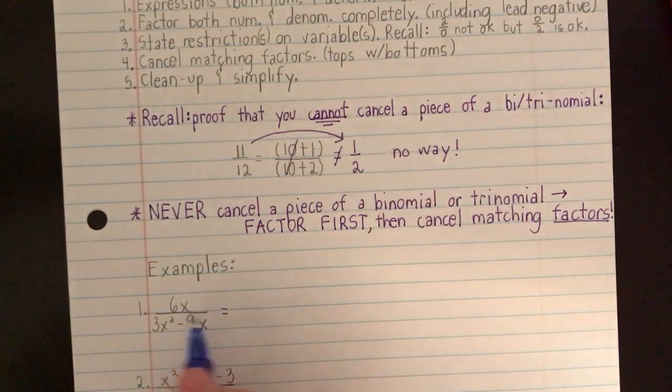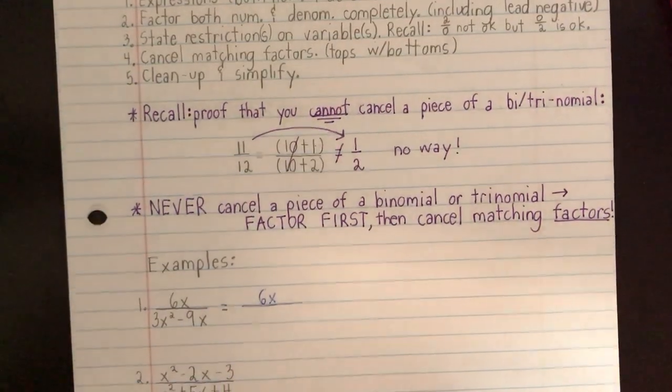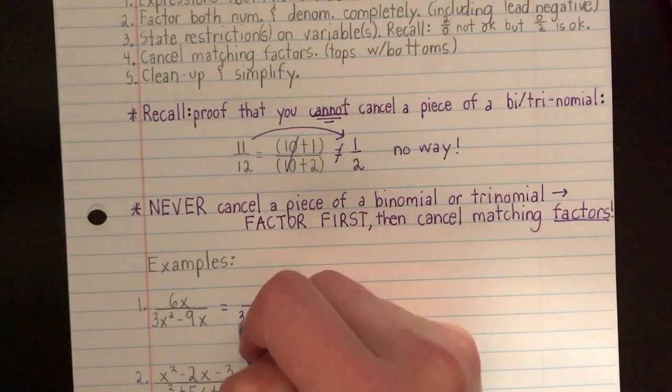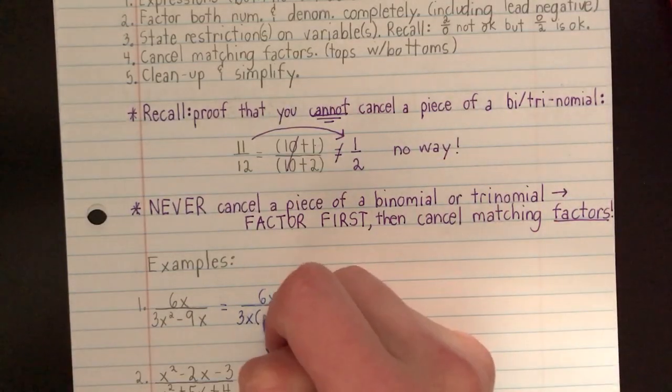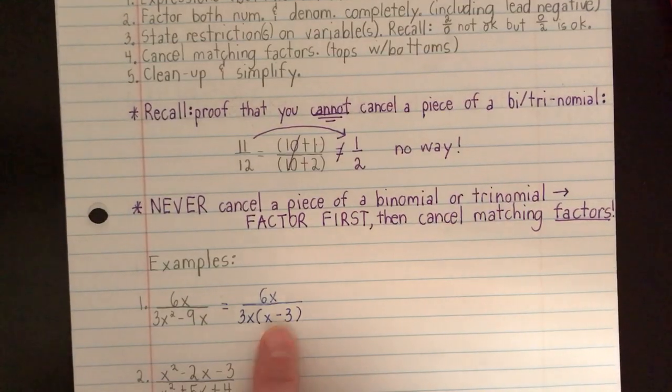Well, the numerator is a monomial, so no factoring needs to be done there. My denominator, however, has a GCF. As you can see, the GCF is 3x. When I factor out 3x from both terms, I get x minus 3. Okay, linear factor, meaning I'm done factoring.